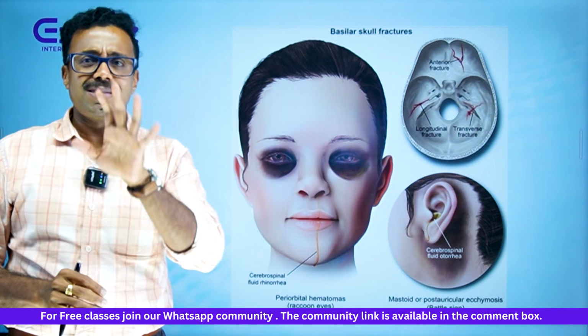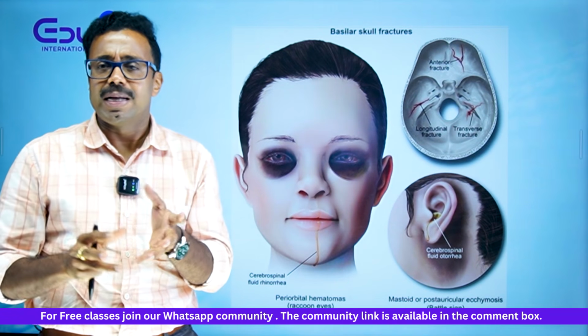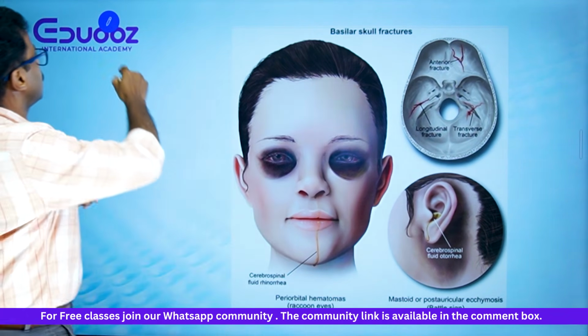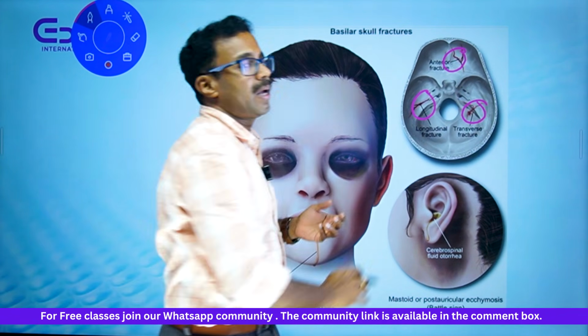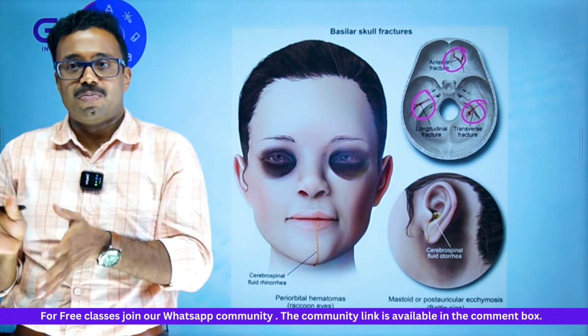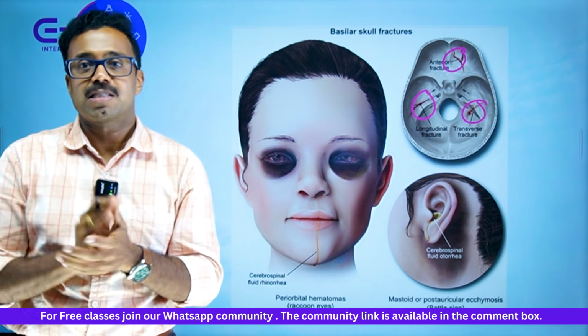Basilar skull fracture means the patient will have a fracture in the base of the skull. This is a skull, and the patient may have a fracture over here or in any areas over the base of the skull. That is what is termed as basilar skull fracture. The next question is how you can identify patients with basilar skull fracture.